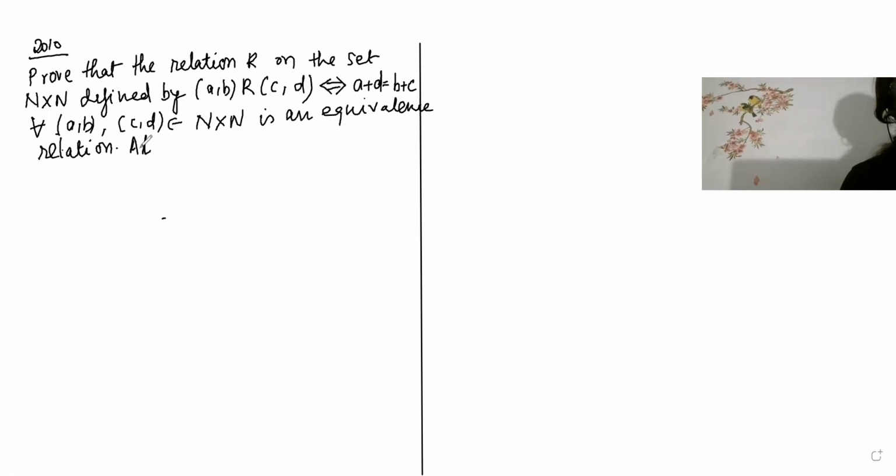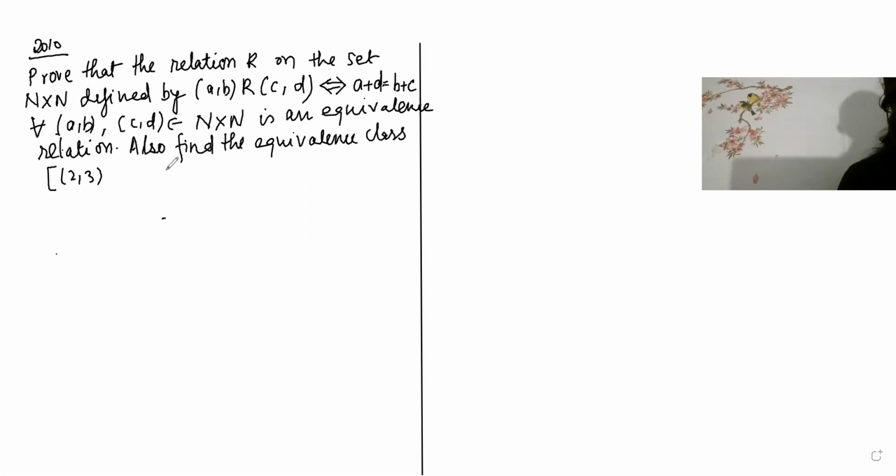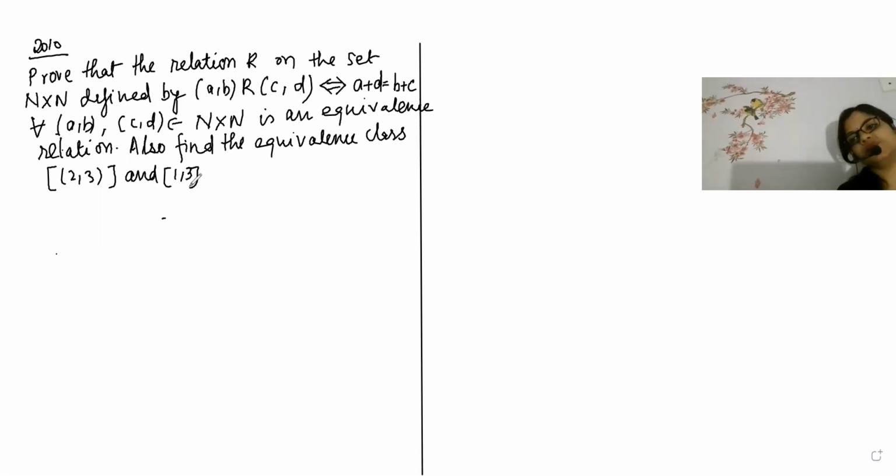Also find the equivalence class for (2, 3) and (1, 3). So this question is a bit typical, because the first part itself is not going inside your brain, and the second part is also so typical.